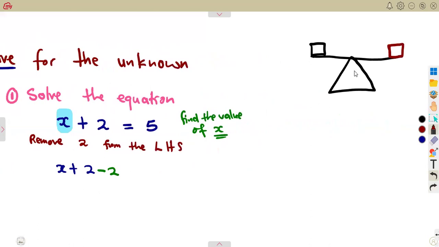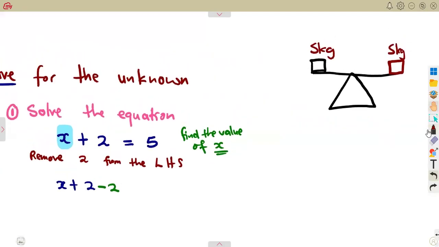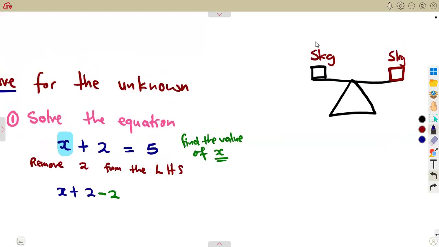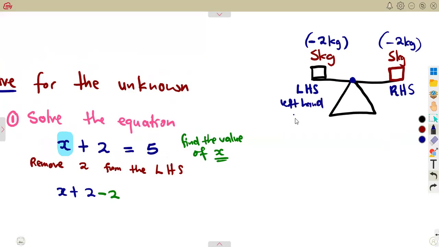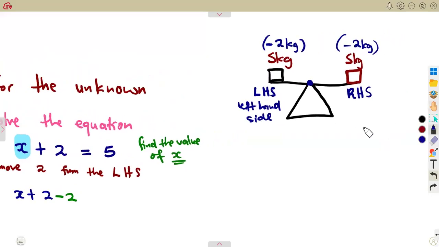If here we've got 5 kilograms, we must also have 5 kilograms there. If you remove 2 kilograms here, you're also supposed to remove 2 kilograms on this side so that it balances. It's just like a balance scale. What is on the left-hand side must be equal to what is on the right-hand side. So this is the left-hand side, and there we've got the right-hand side.